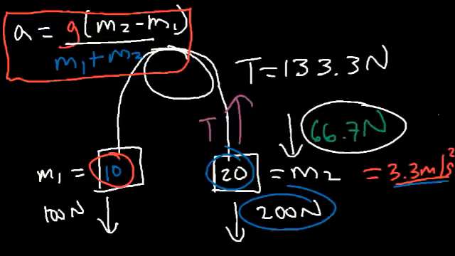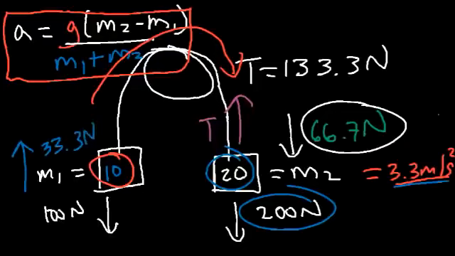Remember, the system is moving in this direction. That means the 20 kilogram block is descending, but the 10 kilogram block is ascending. It's going up. So the net force for the 10 kilogram block is in the upward direction, so that's positive 33.3 newtons. So now, what is the tension force?